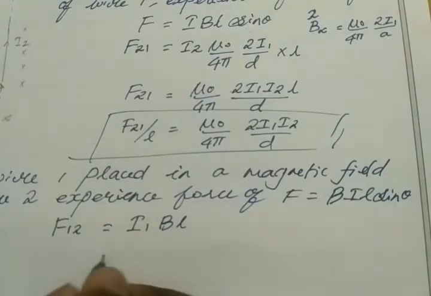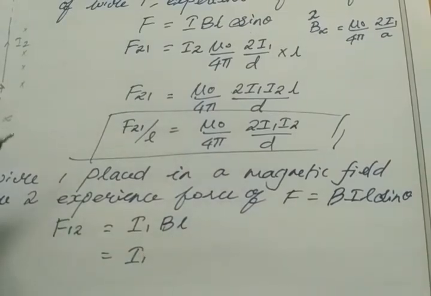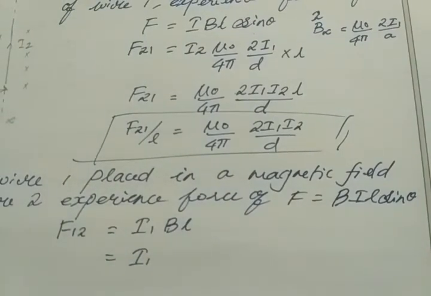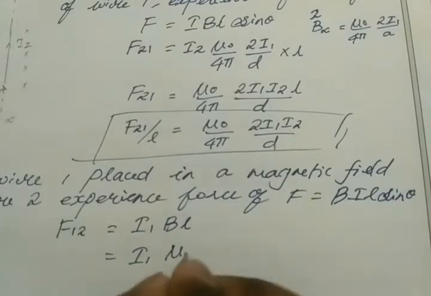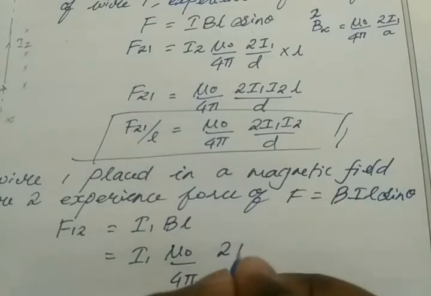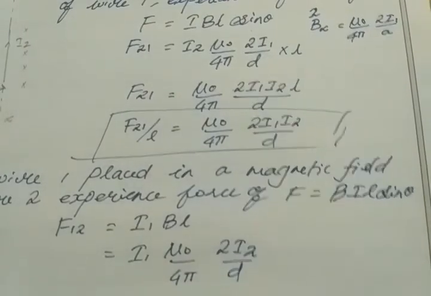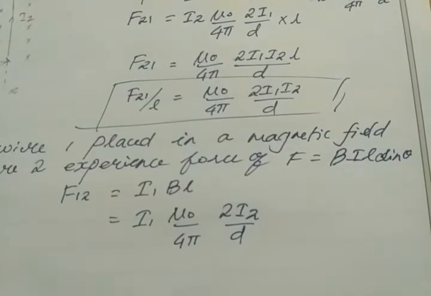Okay, so what is the magnetic field here? The magnetic field is nothing but the magnetic field produced by the straight infinite wire, which is mu naught by 4 pi 2I2 by D.